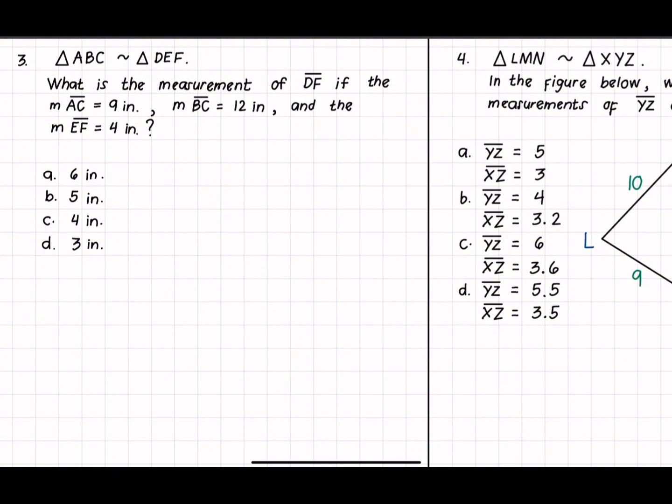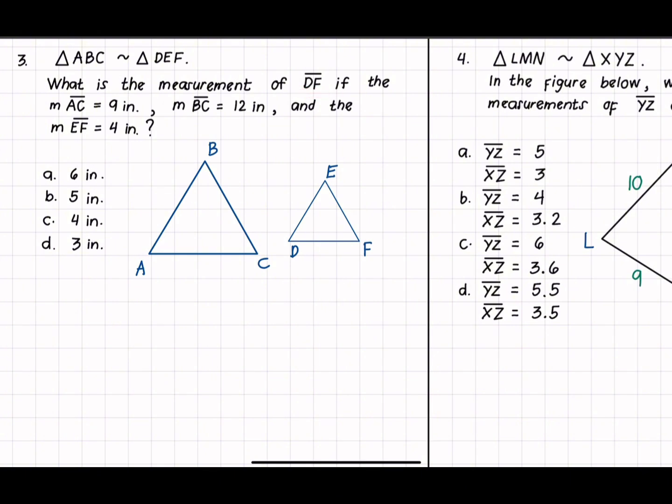Okay, so if I'm going to draw this triangle, so I have two triangles. Let's say I have triangle ABC and I have triangle DEF. So the question is, what is the measurement of DF?